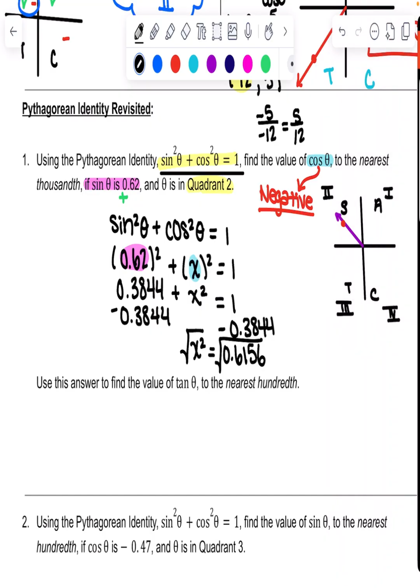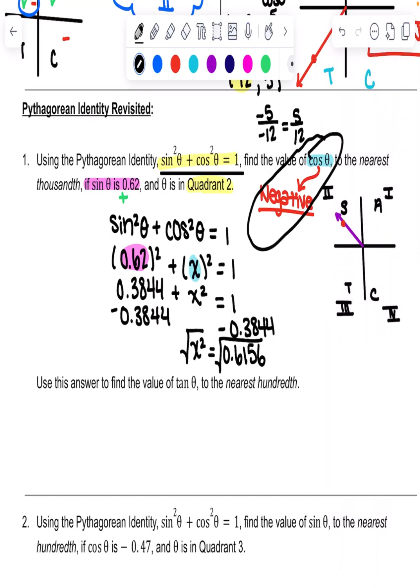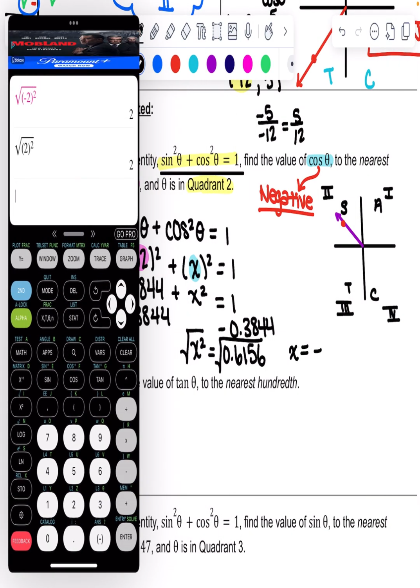In this case, see how we saw that in the beginning cosine was negative because of the placement of the quadrant? We're immediately going to know that x equals negative whatever spits out of the calculator. So I'm going to do the square root and get that 0.6156.